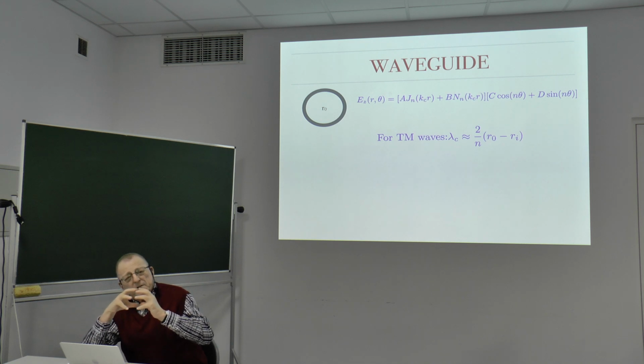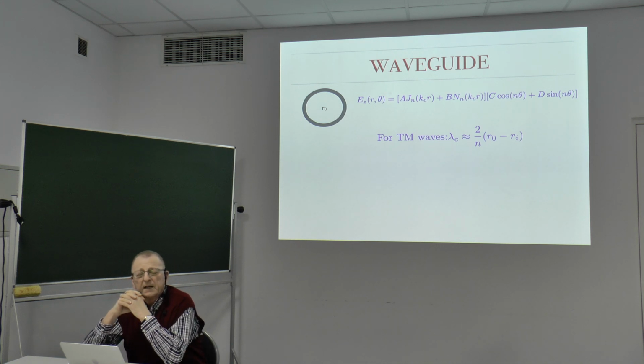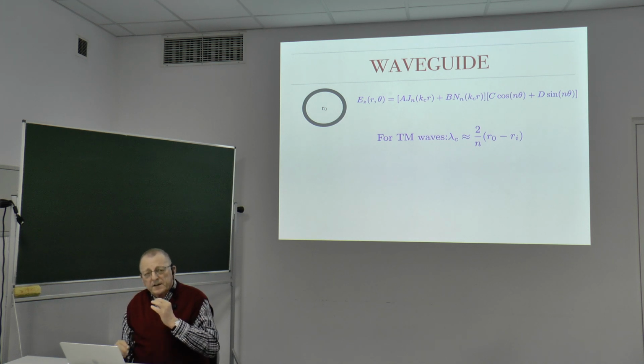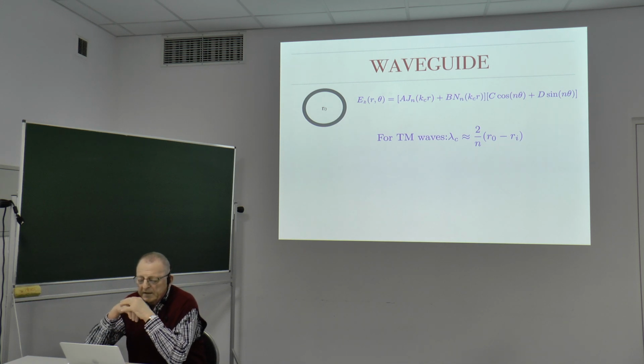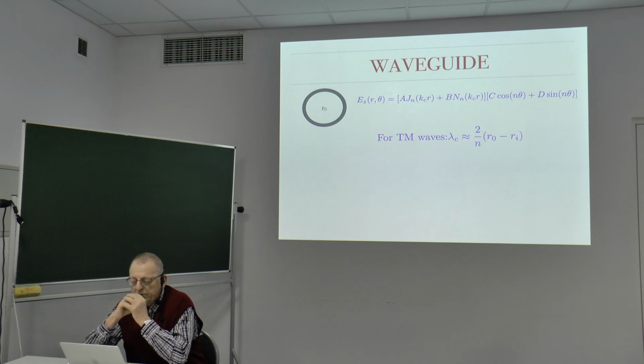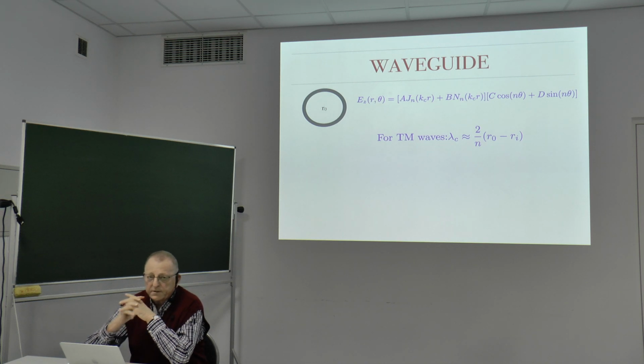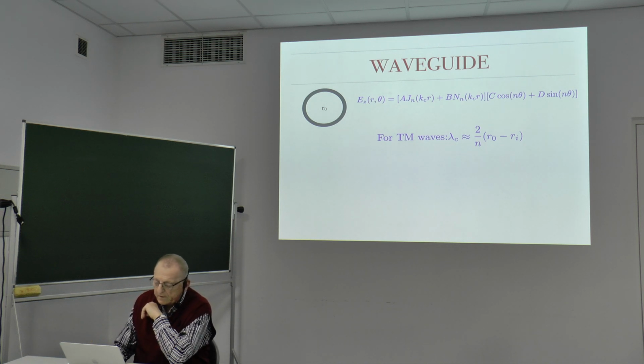But for the cylindrical waveguide, it is more convenient to remember that there is also the critical frequency, but it is less convenient to think about that frequency, and rather think about the critical wavelength. And that critical wavelength is, roughly speaking, equal to the ratio of the radiuses of this wave.